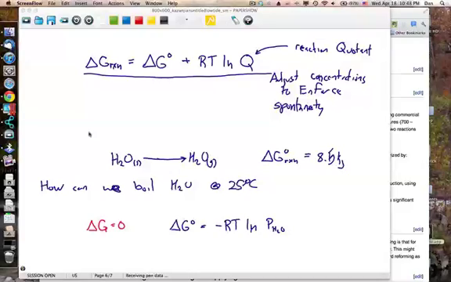So if we plug our values in, divided by 8.314 joules, and you'll have to do a little bit of massaging of this to get it into kilojoules to make it compatible with our temperature of 298, equals the natural log of the pressure of H2O in atmospheres.